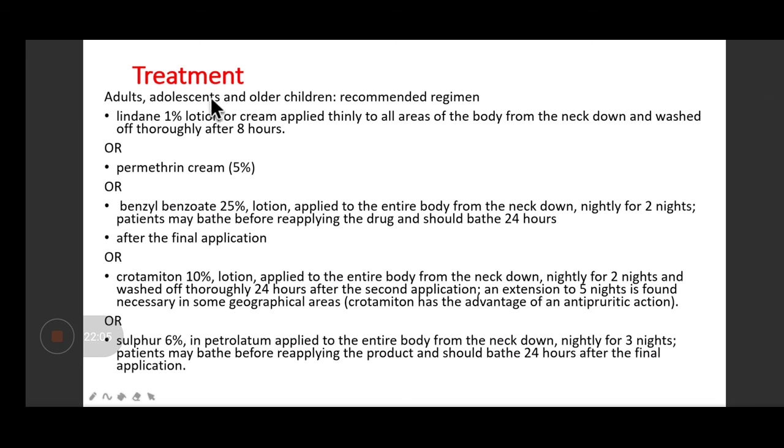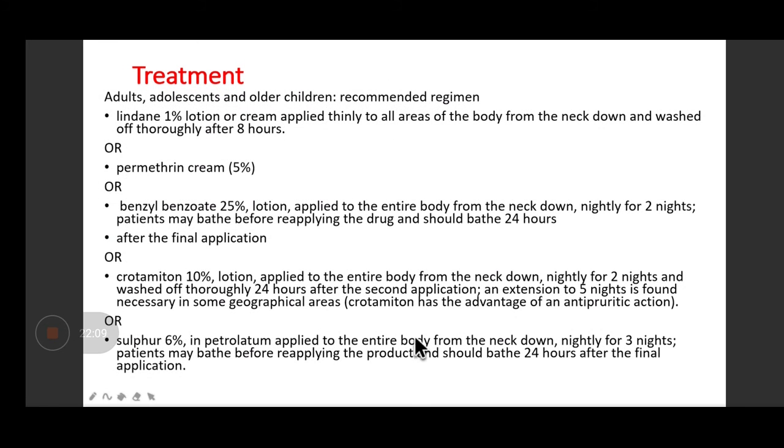So we can use the Lindane 1% lotion, which we apply from head to down and wash thoroughly after 8 hours, or permethrin cream 5% or benzyl benzoate 25% lotion, to be applied from the neck down for 2 nights.